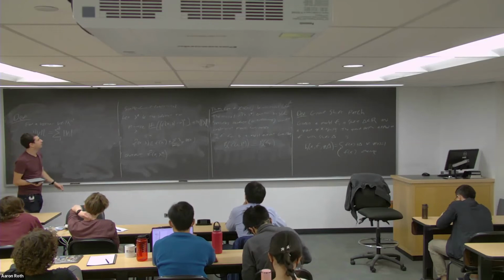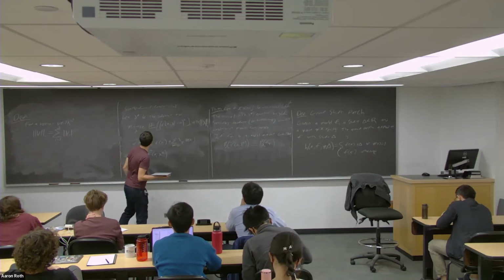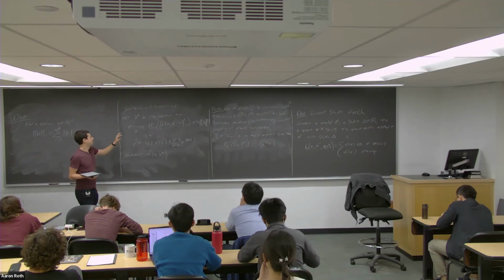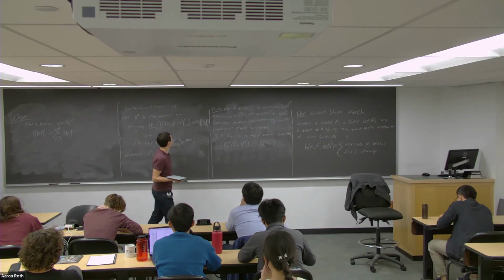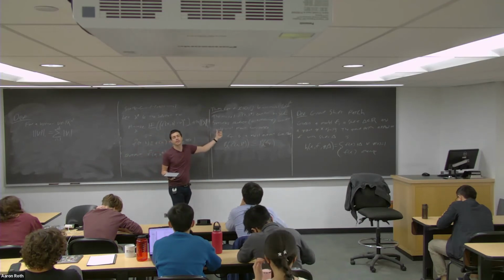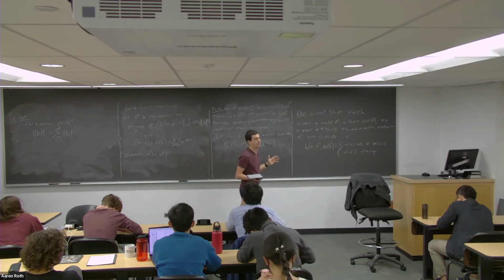Okay, so is it clear what the algorithm is? I'm changing the objective a little bit. Now, rather than just saying minimize squared error, I'm minimizing a convex combination of squared error and a little weight penalizing the norm of my parameter vector.